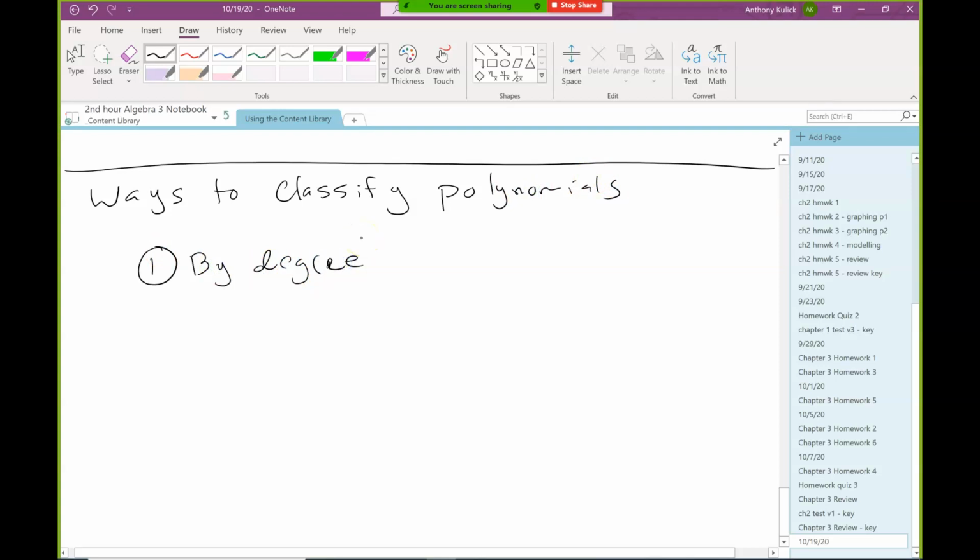So the first way that we have to describe or to classify a polynomial is classifying it by degree. If the degree is 0, we call this a constant polynomial. So something like 10 would be a constant polynomial.